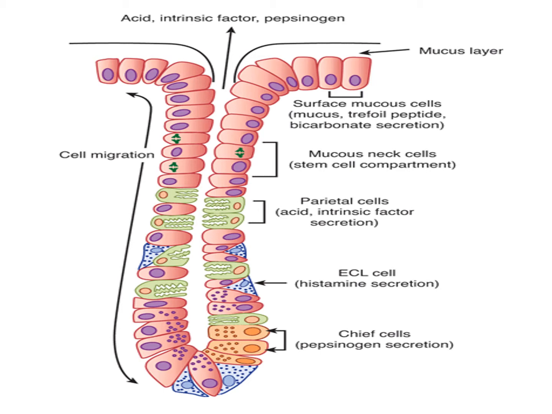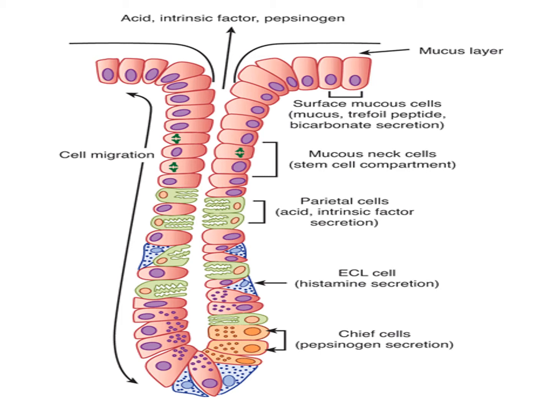These cells are mainly responsible for secretion of mucus, bicarbonates, water, and also a peptide known as trefoil peptide, which is important for the formation of the gastric mucosal barrier, which helps to protect the gastric mucous membrane from autodigestion by its own acid and pepsinogen.